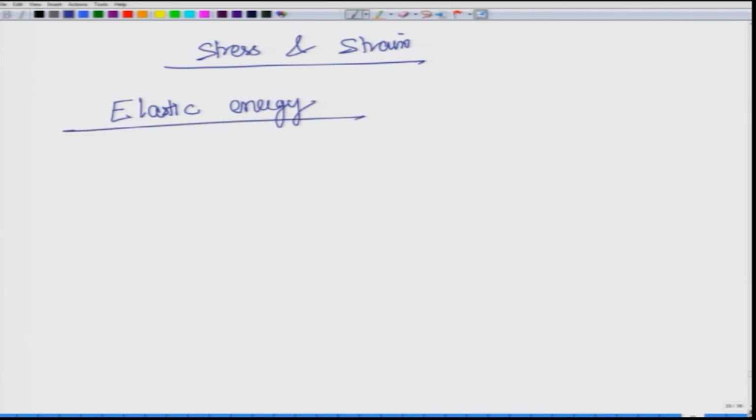The relation for elastic energy is very simple. If you look at it, dE_L can be written as 1 by 2 integral sigma_ij epsilon_ij dV. So, sigma_ij is the stress component, epsilon_ij is the strain component.